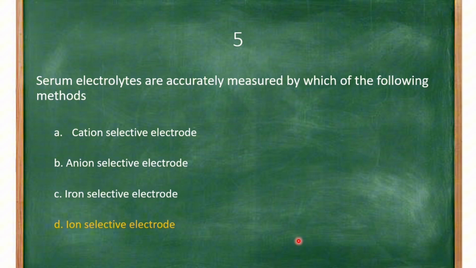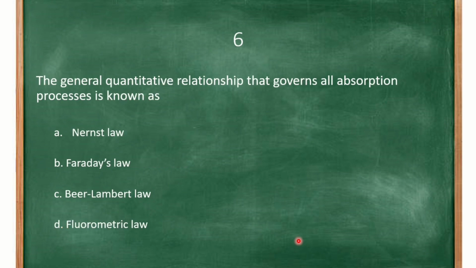Option C is more like the wrong spelling, or the wrong word being used. So the correct answer for this is option D, which is ion selective electrode.